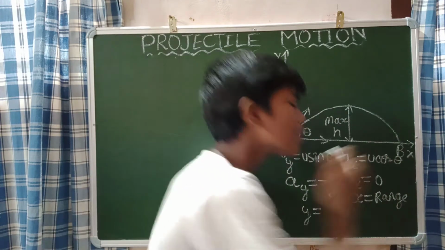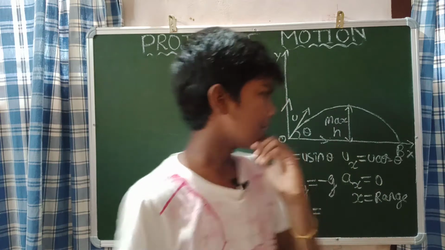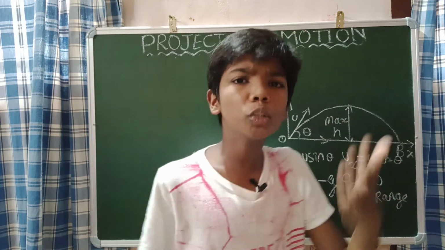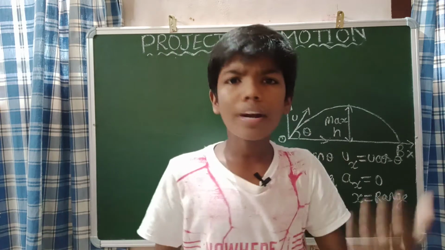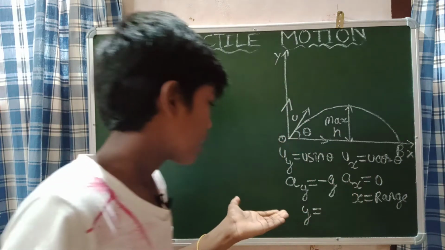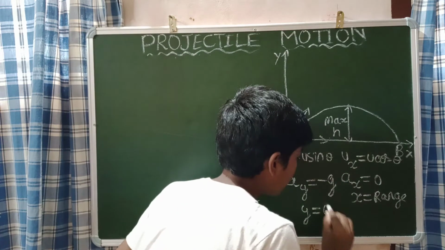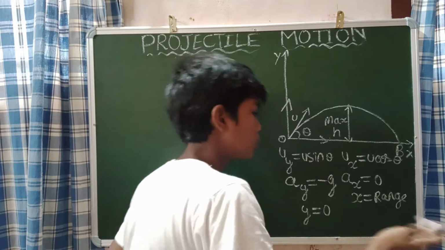So what is the y coordinate of this position B? The y coordinate of position B is 0. Why? Because this position B is located on the x-axis. If it is located on the x-axis, the y coordinate will be 0. That is a basic concept we all know. So we can say that the y displacement will be 0 because the y coordinate of position B is 0.